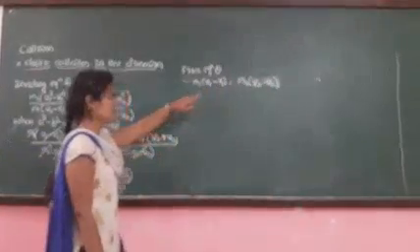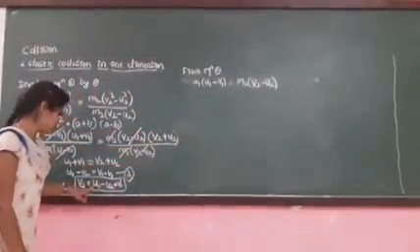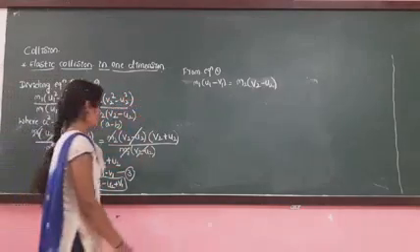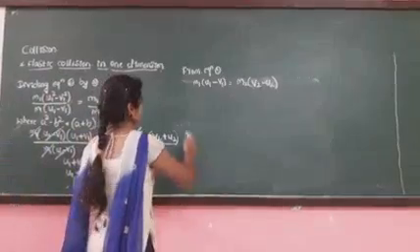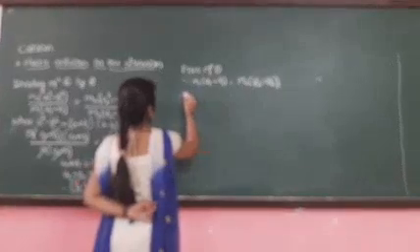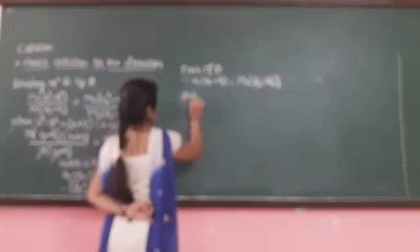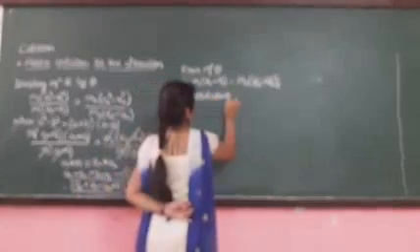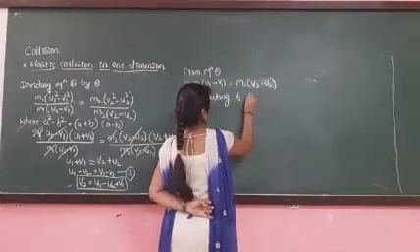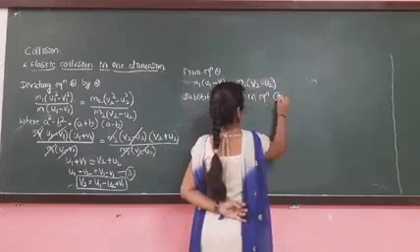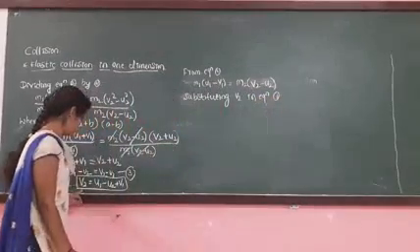So v2 equals u1 minus u2 plus v1. Substituting v2 in equation number 1.